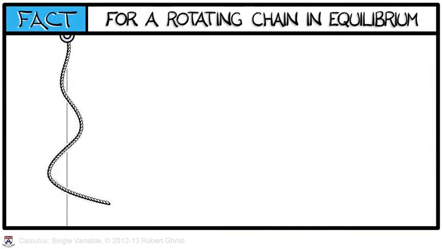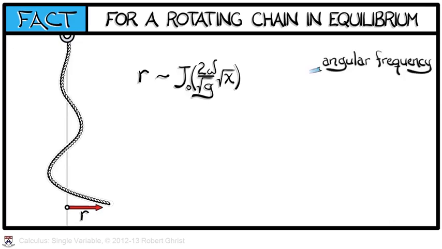In fact, for a chain or a rope that is rotated in equilibrium, we can describe the displacement away from the vertical axis, r, as follows. This r is proportional to the Bessel function, J0, evaluated at 2 omega over the square root of g times the square root of x.